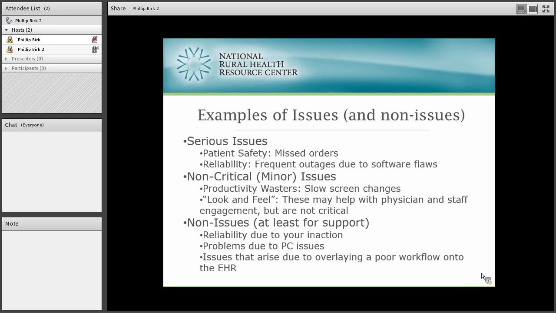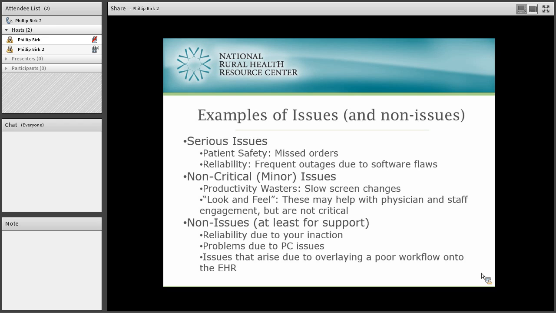They are going to not work as hard on it moving forward as you would hope. Same thing with problems due to a PC. If your plan to replace personal computers, desktops in your organization, if you don't have a plan that replaces a certain fraction of them every year, and you have areas that have ancient computers, those are going to become non-issues as well.